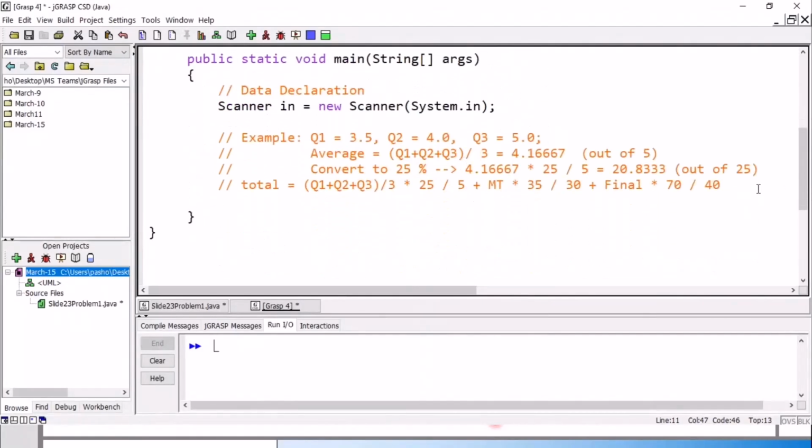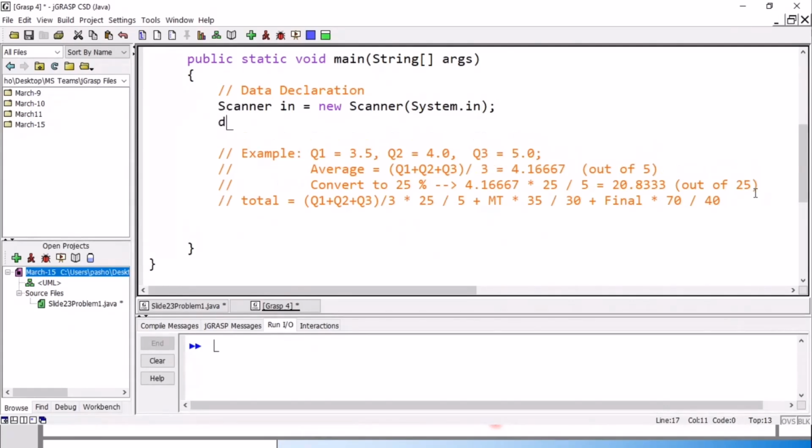So we will ask the user for input. I need to define first the initial variables, double quiz 1, quiz 2, quiz 3, we have midterm, and we have final. But see, the color of final has changed into purple.